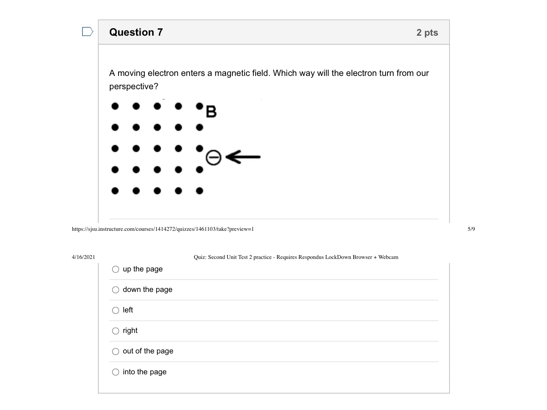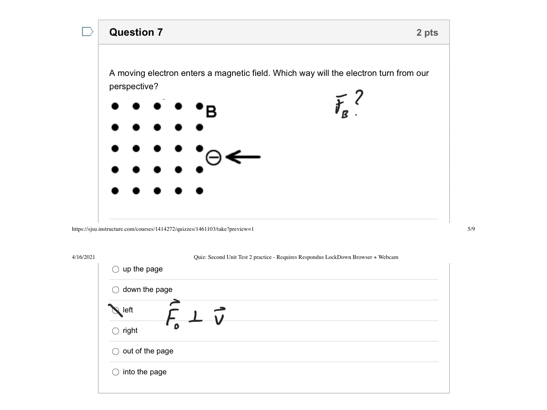Number 7. A moving electron enters a magnetic field. Which way will the electron turn from our perspective? So it's asking what's the direction of the magnetic force. Okay. Note this. The magnetic force is always perpendicular to the velocity.